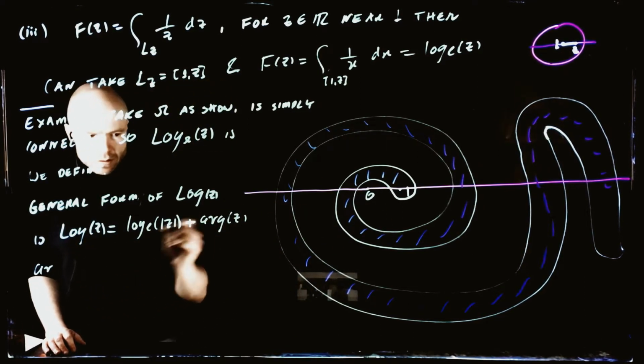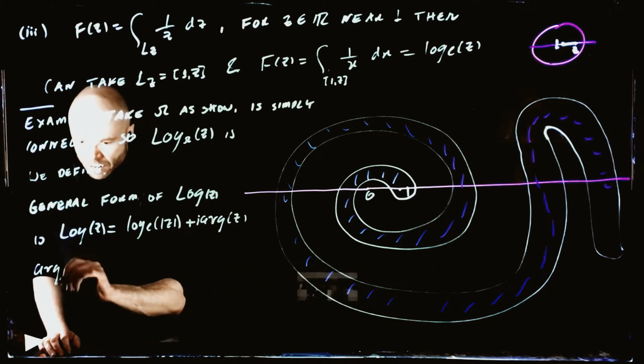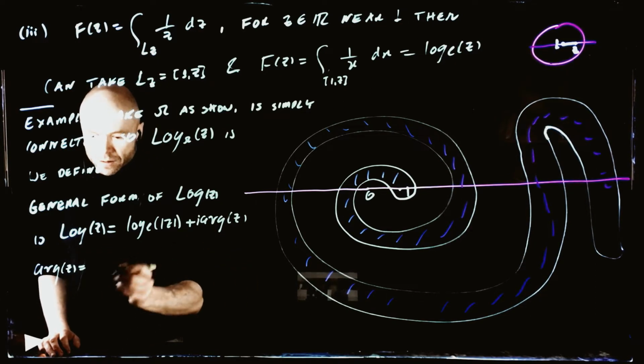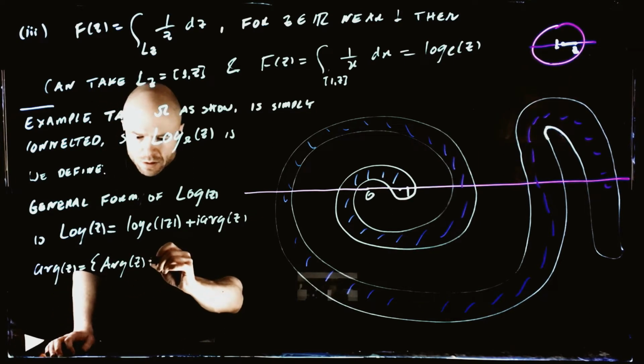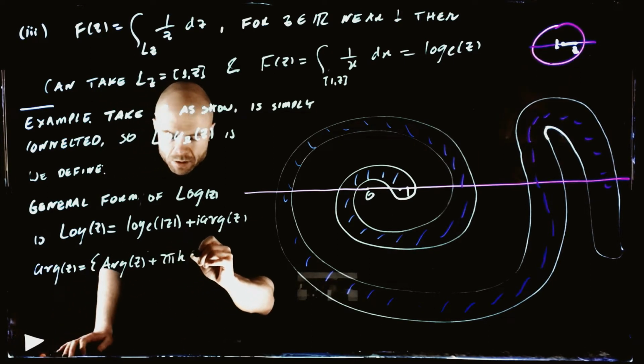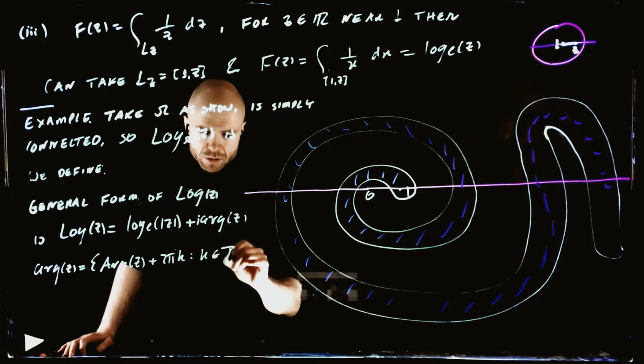Arg of z is equal to the principal argument plus 2 pi k for any k belonging to this set, right?